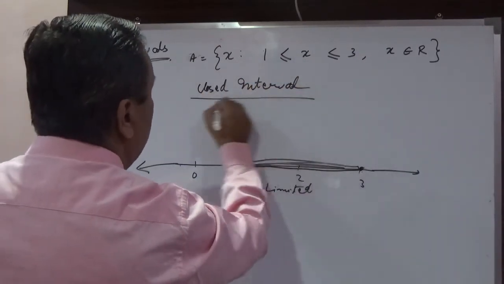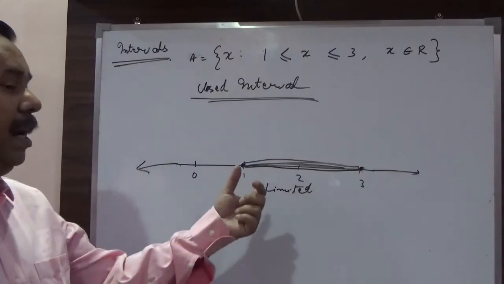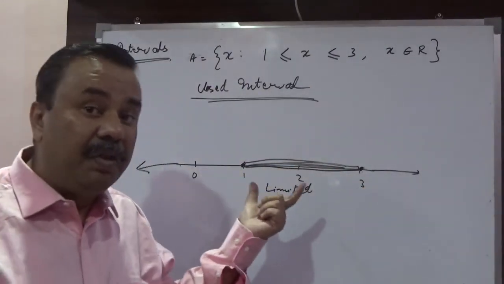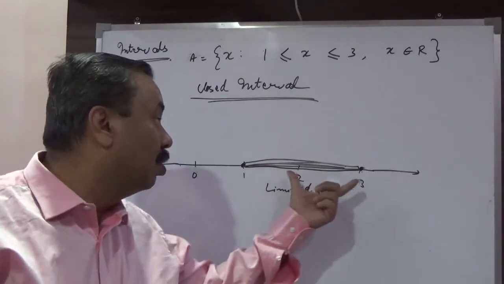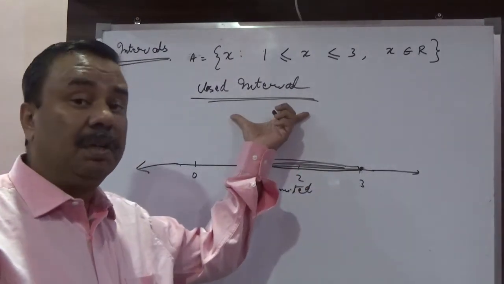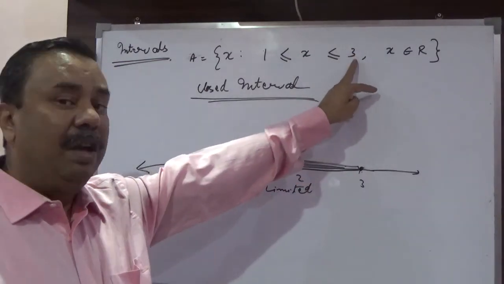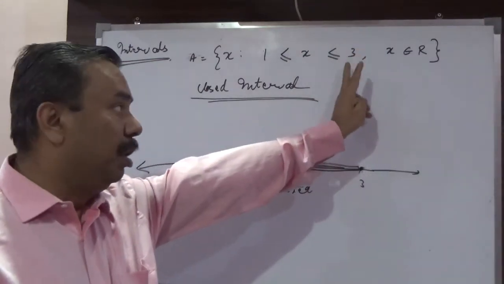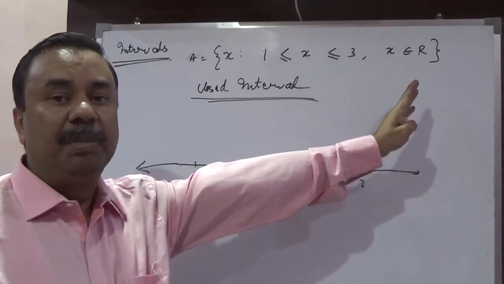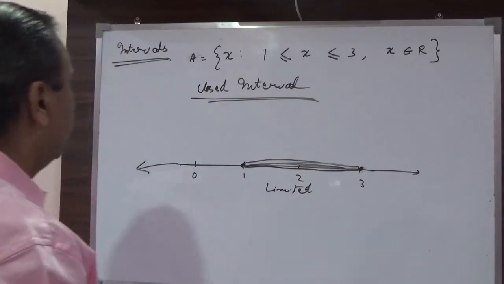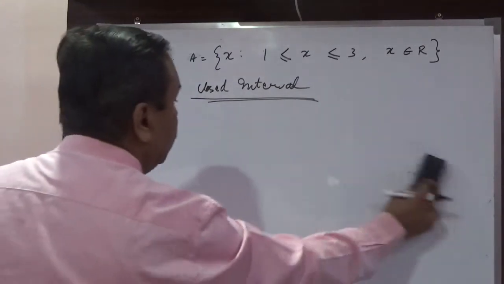Where the endpoints are given to you, these intervals are called closed intervals. There is a value beyond which it will not have any member.